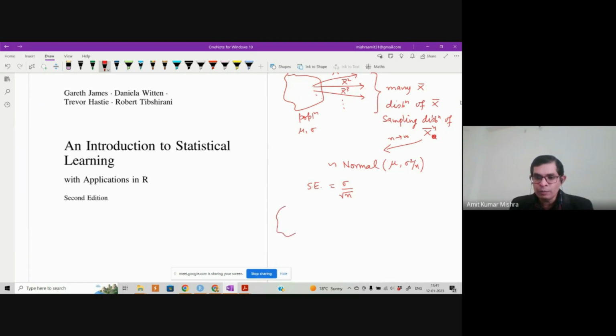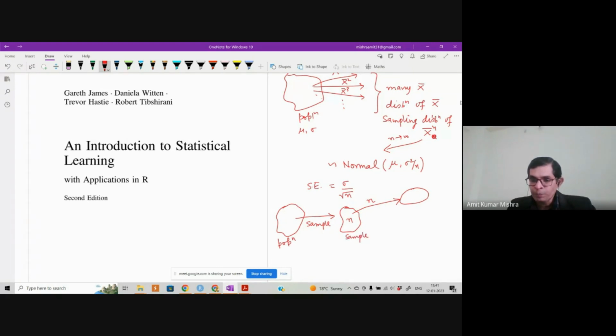So what in Bootstrap we do, we will have a population, of course. From this population, we take a sample. For example, sample of size n. Now what we will do, we will find a sample of same size from this sample. So this is your sample.